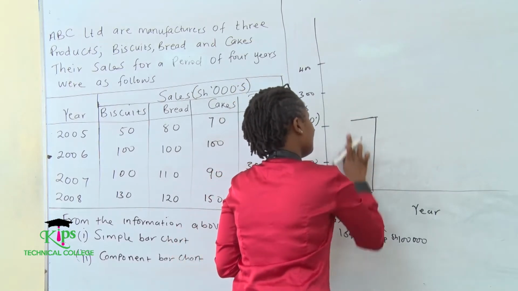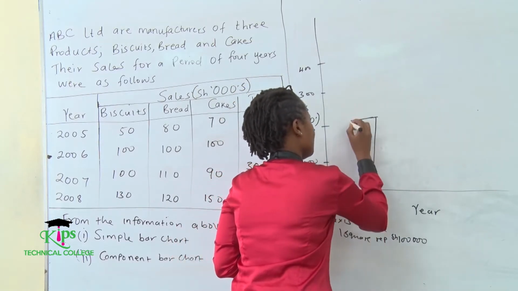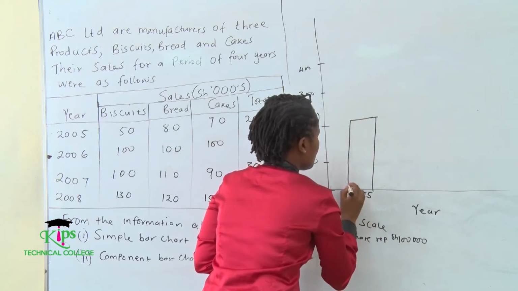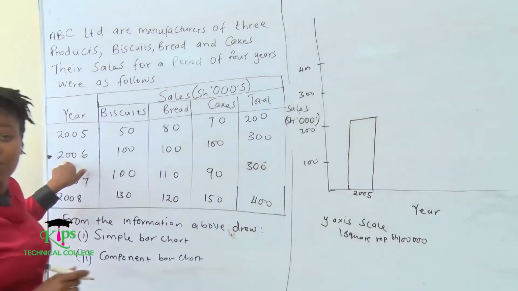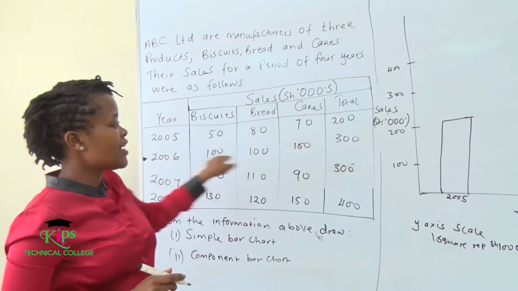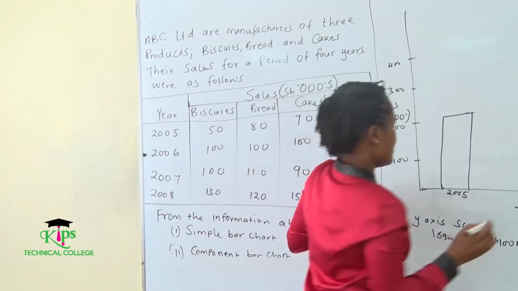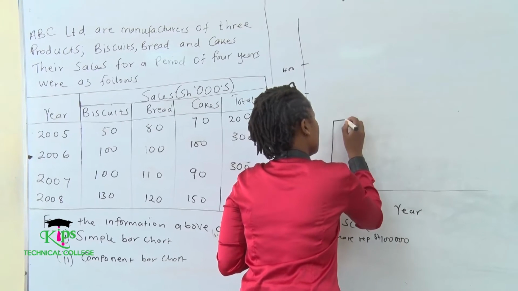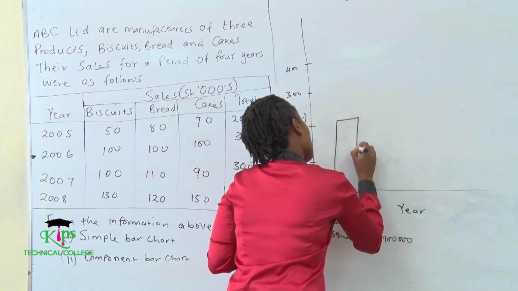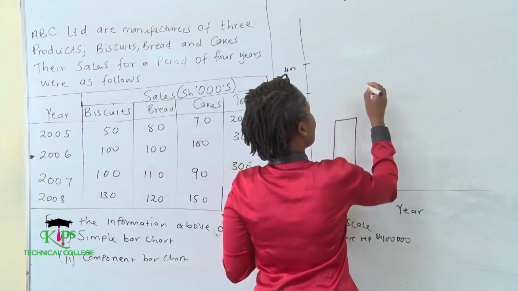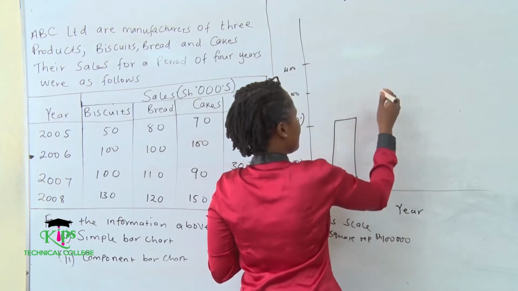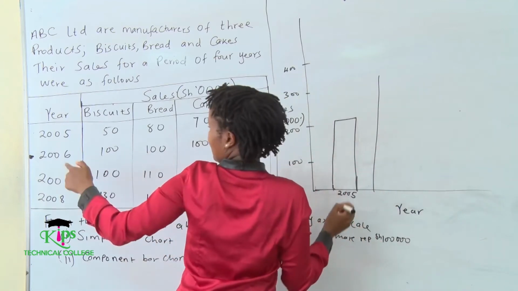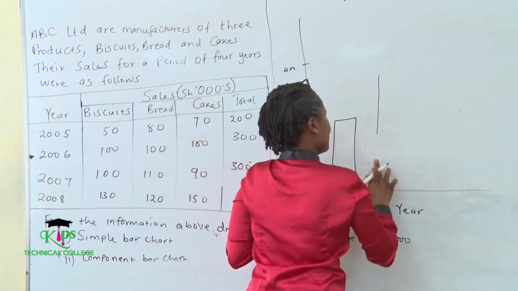Then the next year is 2006. The total is 300, so this is supposed to move up to 300. So in this case we are on 2005, and the next year is 2006.